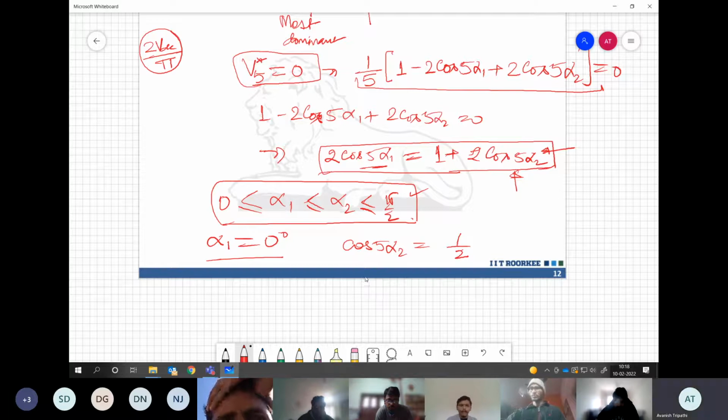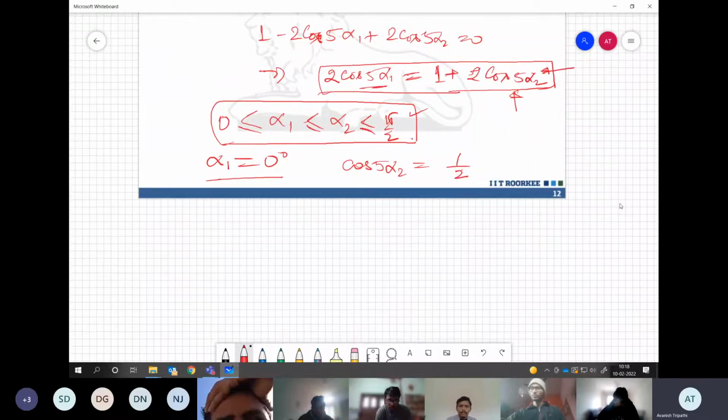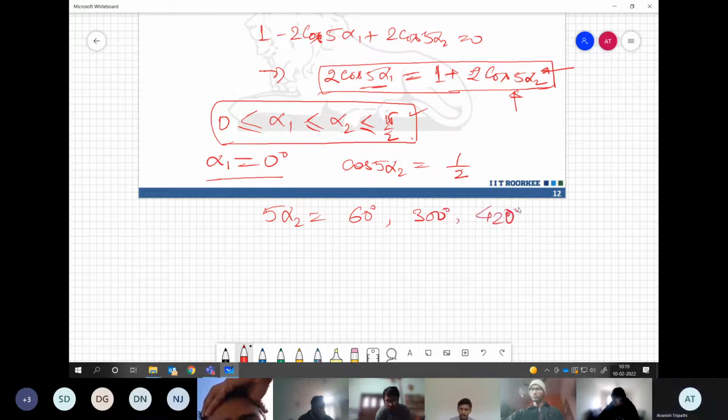Understanding my point? So 5 alpha 2 can be 60 degree, or it can be 360 plus minus 60, so 300 degree, 420 degree, and so on. Because alpha 1 is 0, any of these values are valid, whichever falls within 90 degree.